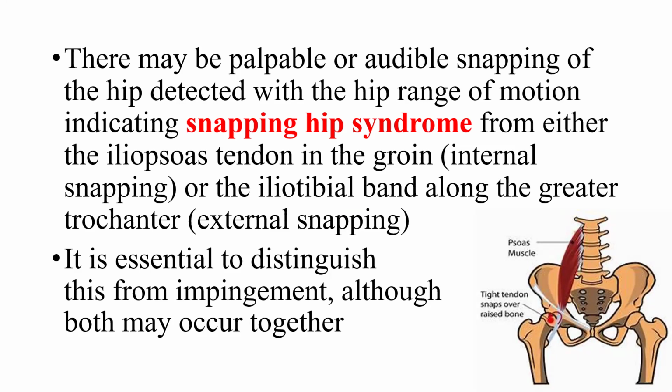The iliopsoas will give you an internal snapping sign, and the tensor fascia lata or the iliotibial band, due to rubbing on the greater trochanter, will give you an external snapping sign. These you should include in your differential diagnosis when you're investigating for femoroacetabular impingement.